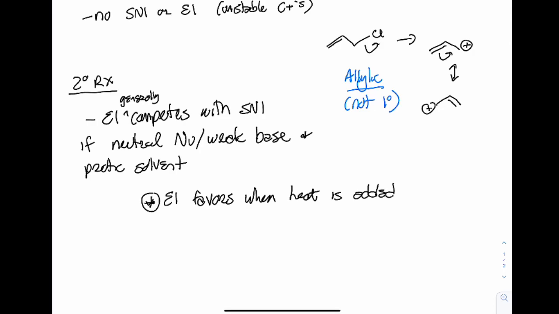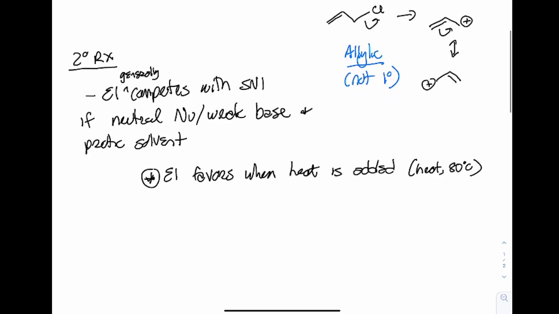The way I would indicate that is I would either write heat above the arrow, or I could put a temperature, something like 80 degrees. 80 degrees is pretty hot. 0 is freezing, 25 is considered room temperature. So 80 degrees Celsius would be heating that up.